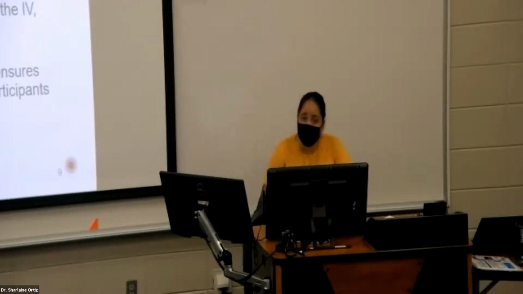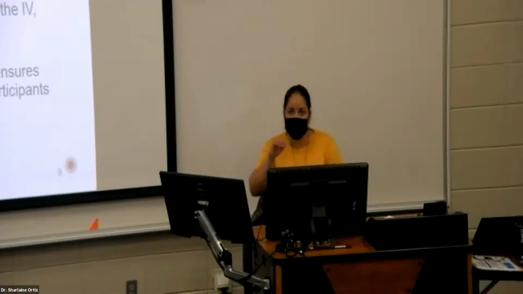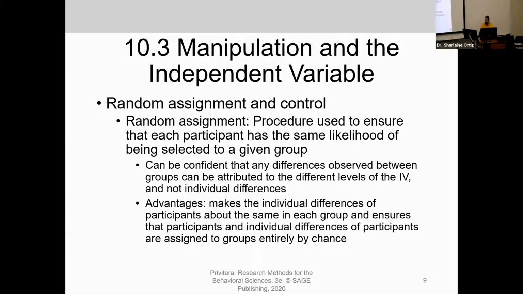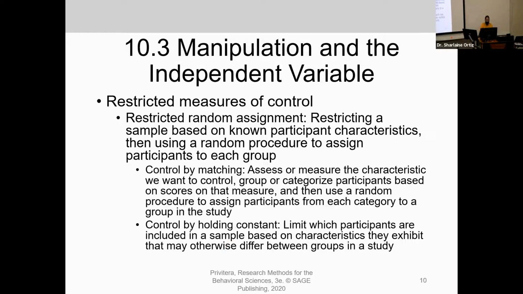You're intellectually bright, intellectually gifted, not intellectually gifted. So those are characteristics that impact the research. And why is that? Well, if I start randomly assigning, I reduce the chances that those individual differences affected my research and not necessarily my manipulation of that independent variable. I can attribute those differences to the independent variable instead of perhaps issues with differences in my participants.